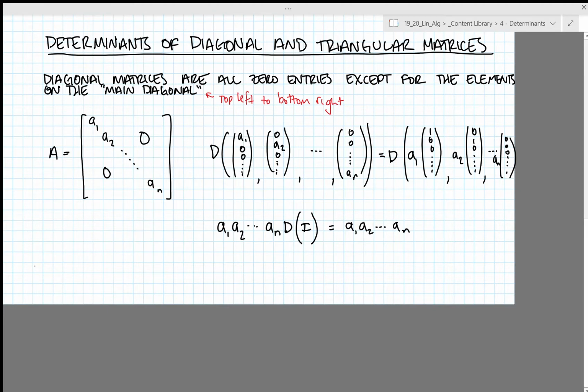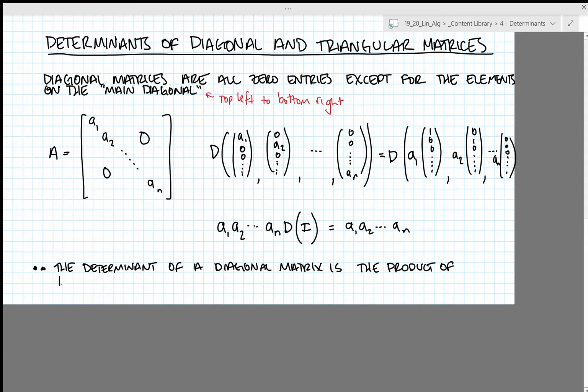And that's our take home here: the determinant of a diagonal matrix is the product of the diagonal elements.